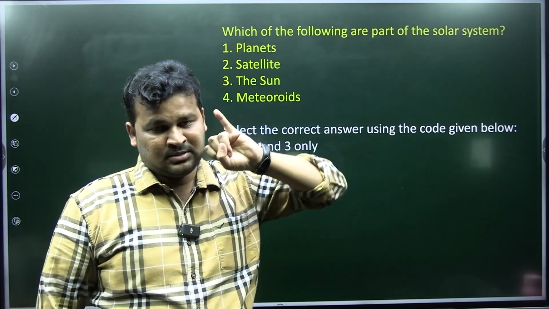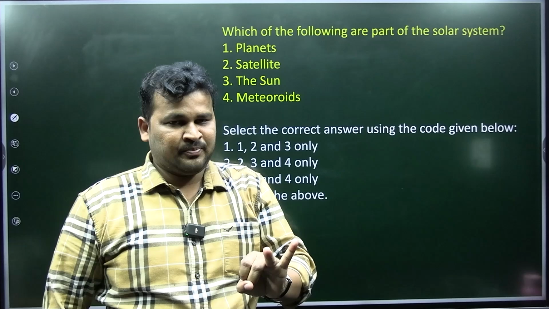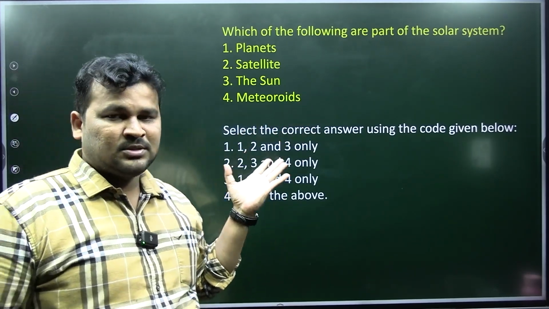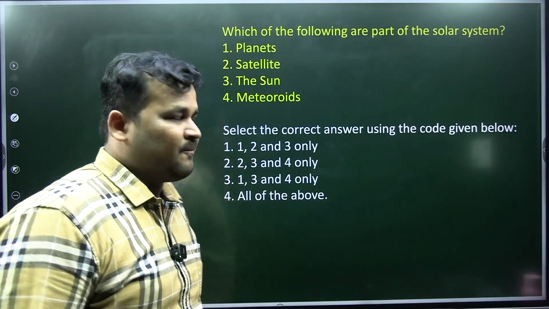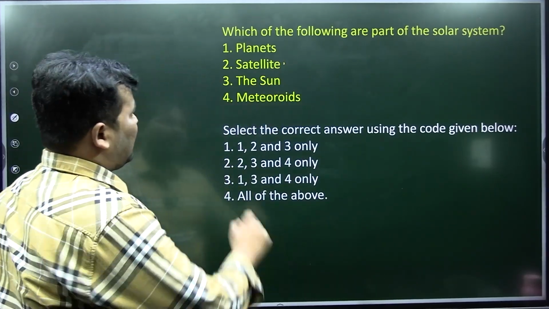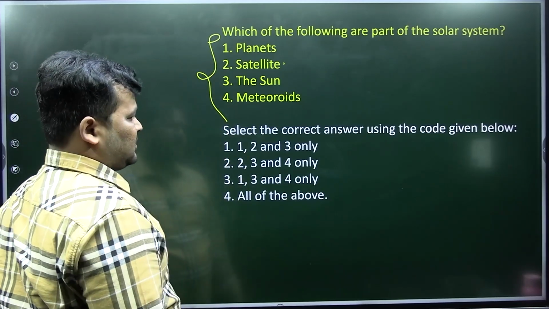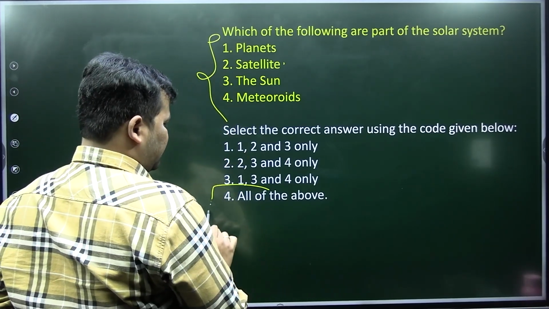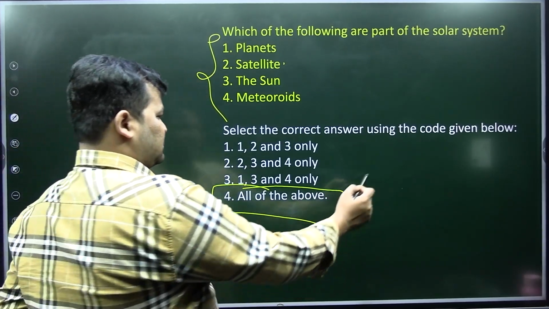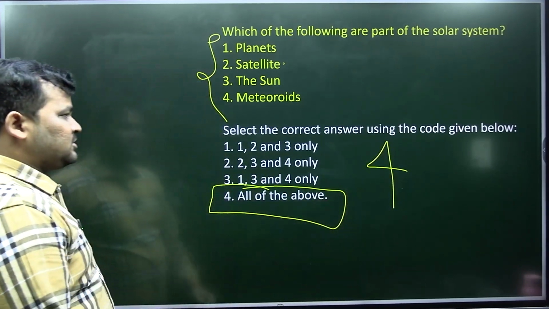We know that the sun is a part, planets are a part, and asteroids and meteoroids are part of the solar system, including satellites. So all are part of the solar system. So the answer is 4. 4 is the right answer for this question.